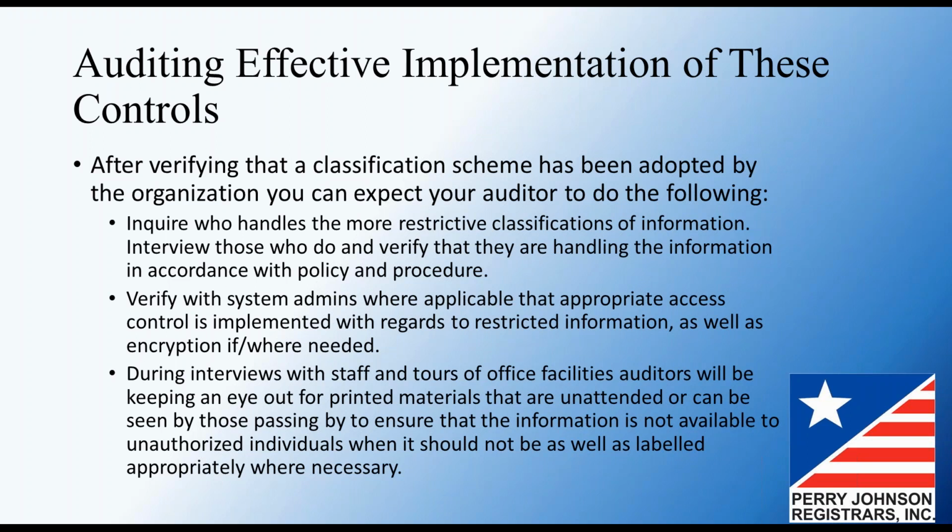Verify with system admins, where applicable, that appropriate access control is implemented with regards to restricted information, as well as encryption if and where it's needed. And then additionally, during interviews with staff and tours of office facilities, auditors will be keeping an eye out for printed materials that are unattended or can be seen by those passing by to ensure that the information is not available to unauthorized individuals when it should not be, as well as being labeled appropriately where necessary.